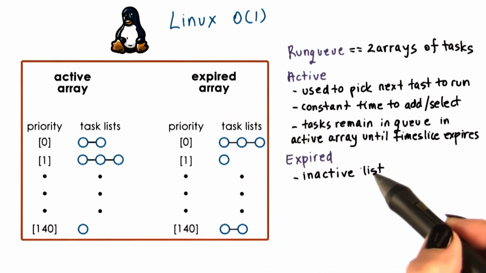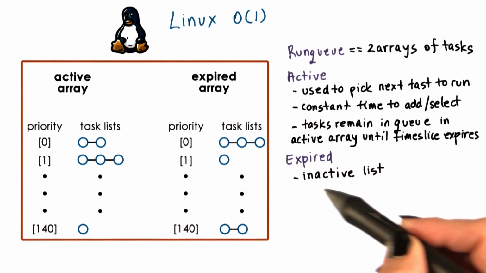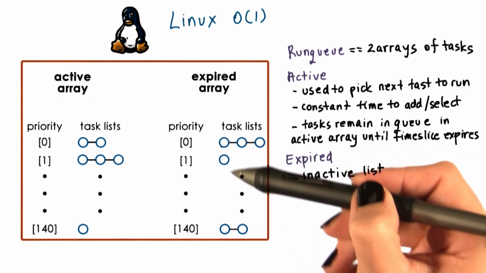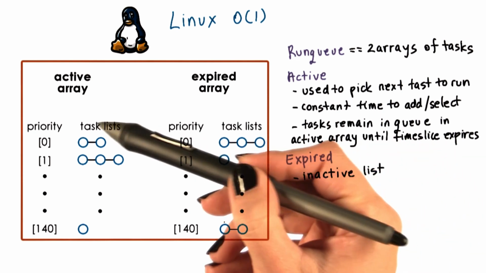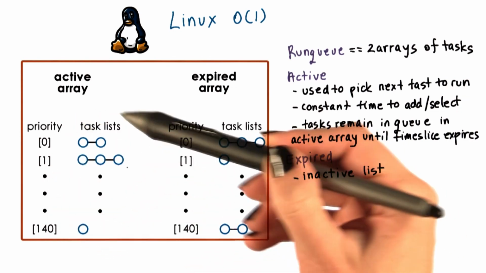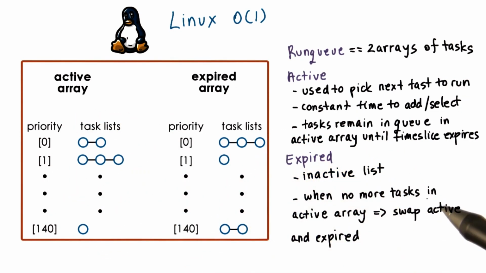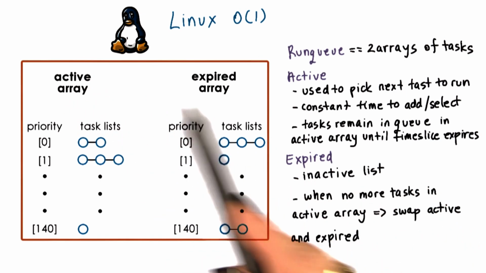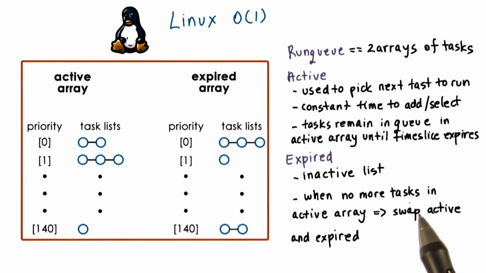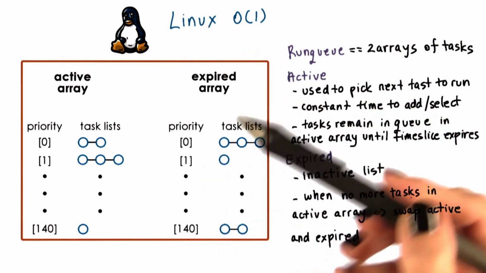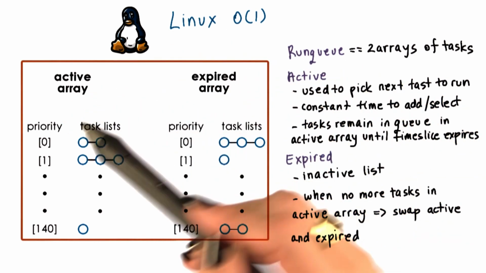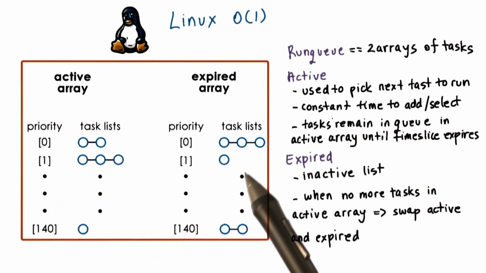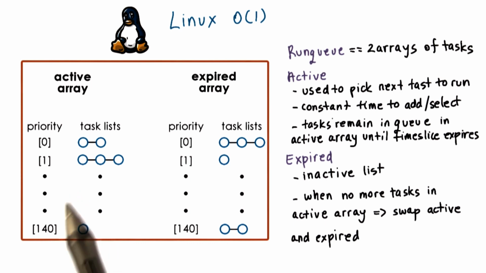The expired array contains the tasks that are not currently active, in the sense that the scheduler will not select tasks from the expired array as long as there are still tasks on any of the queues in the active array.